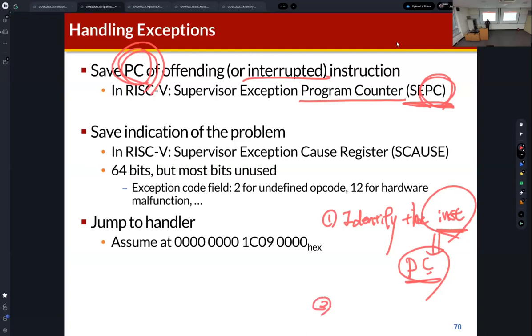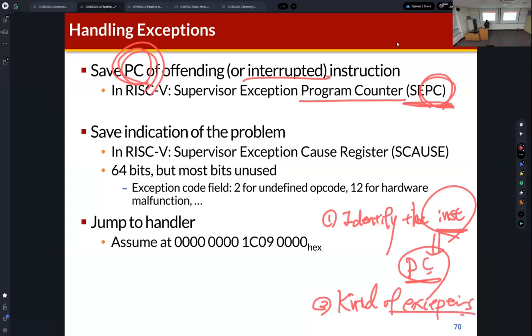The exception is detected, but there are many kinds of exceptions. Based on the kind of exception, the operating system needs to call different exception handlers. So we need to know which exception is detected in the hardware, the kind of exception.